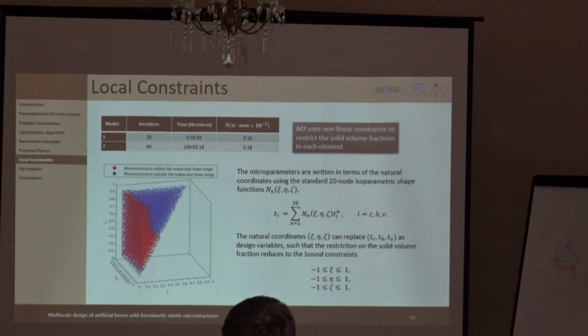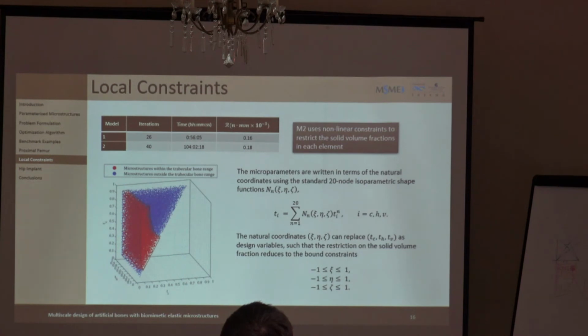In order to solve this problem, we proposed to use an isoparametric mapping, in order to change the parameters of the microstructure for the natural coordinates of this hexahedron as design variables.